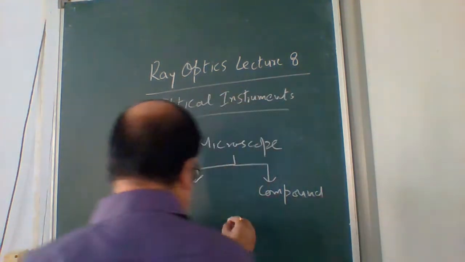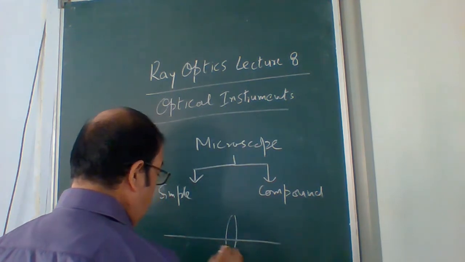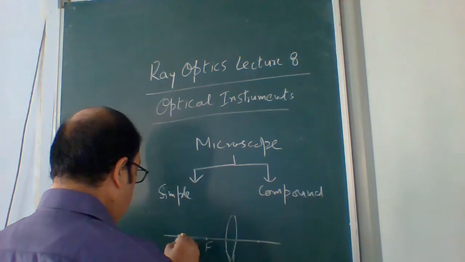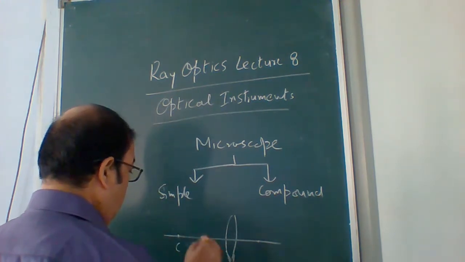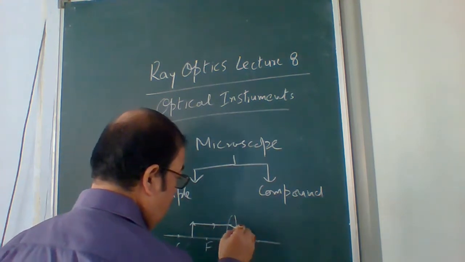Always remember there are two cases in a convex lens. Suppose we have a convex lens. This is the position of F and this is the position of C. In case we are placing the object over here, then what will happen?